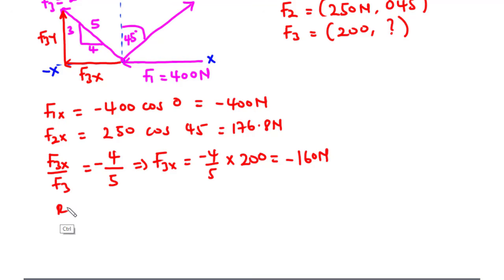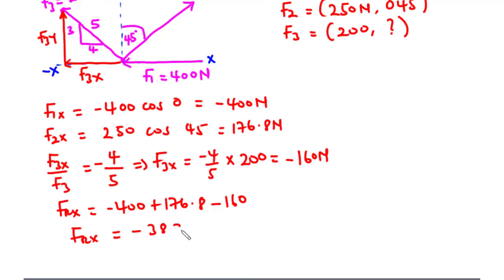So Frx is equal to negative 400 plus 176.8 minus 160, and that is equal to negative 383.2 newtons. That is Frx. So now let's find the value of Fry.